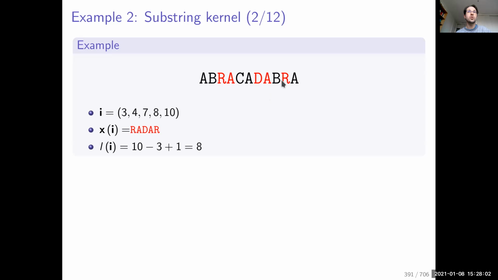When I look here, I have 1, 2, 3, 4, 5, 6, 7, 8 letters. So this is a substring of size 8 with 3 gaps, C, A, and B, and this is what I mean by gaps. And now this gives this new kernel, where I will consider that radar is part of abracadabra with 3 gaps.